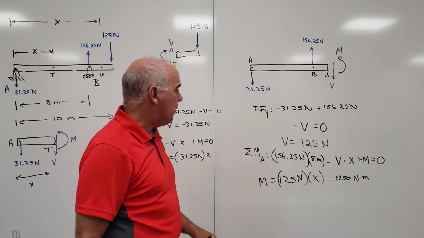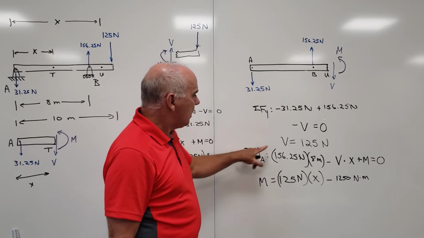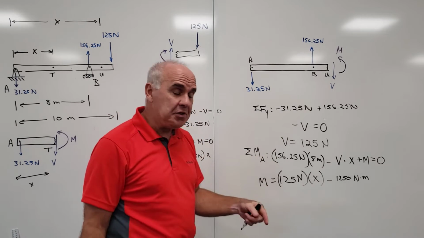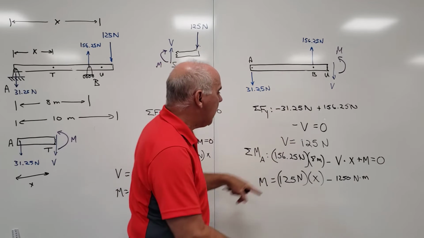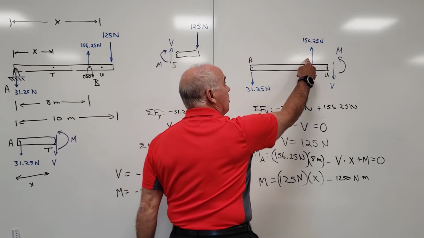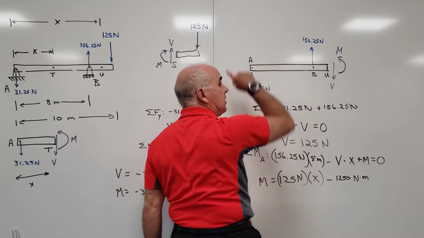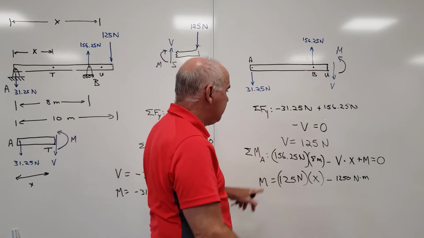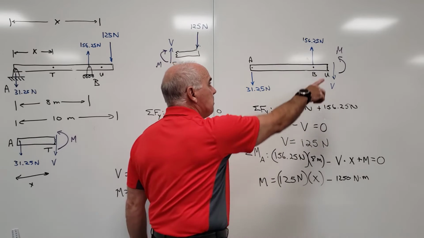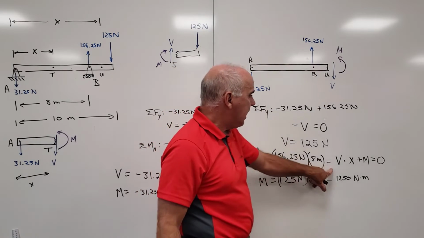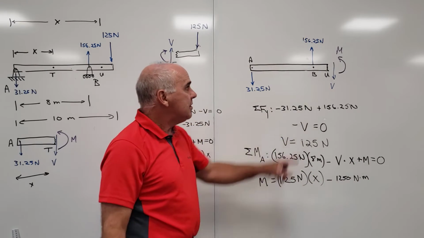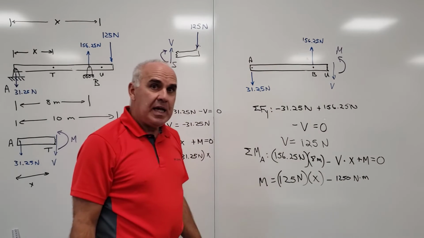So that's pointing down, but again, down is positive for the shear. But then the sum of the moments, I have 156.25 times 8 meters. That's the moment due to this force, and that's going to try and rotate it counterclockwise, and so that's positive. But V is trying to rotate it clockwise, so that's negative, so minus Vx plus the moment then at U.